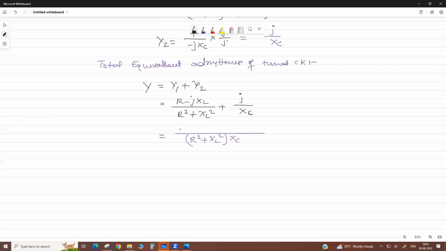So see, this cancels, it becomes R minus jXL. This will cancel. It is divided by this, then it is this into XC. This is multiplied, plus. Here it is this divided, it comes j into R square plus XL square.